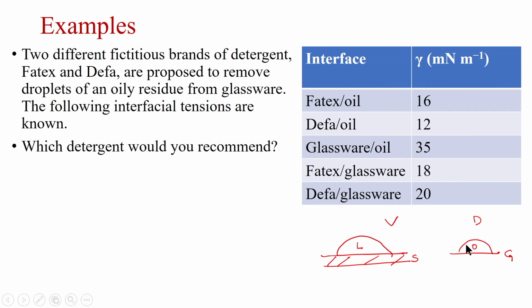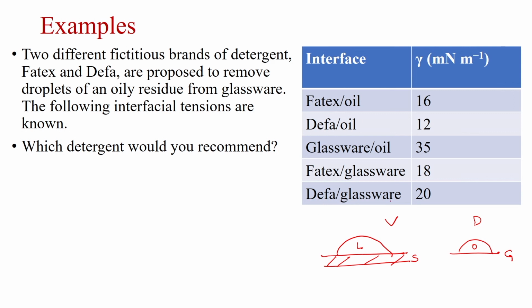So, it is not necessary that we always deal with solid, vapor and liquid, you can have any three different mediums. Here glass, IL and the detergent, and the interfacial tension of Fatex and IL is given, DEFA and IL is given, glassware and IL is given, Fatex and glassware is given, DEFA and glassware is given.